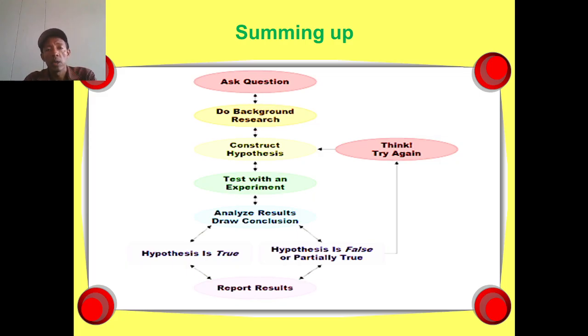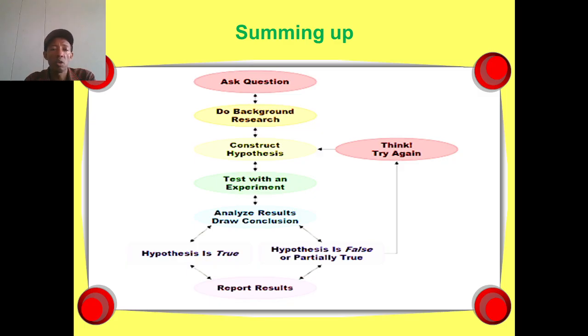Summing up, you start by asking questions and then you do a background search. That means exploration, and then you construct a hypothesis or objective, and then you test it with an experiment. This is bidirectional. So, for instance, you test with an experiment, and you may construct a hypothesis.